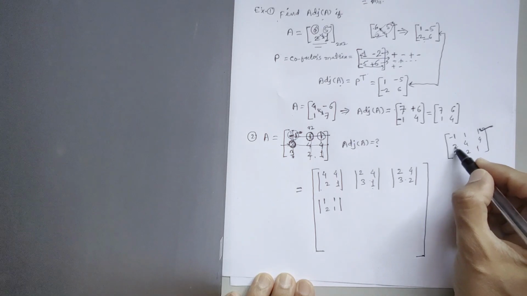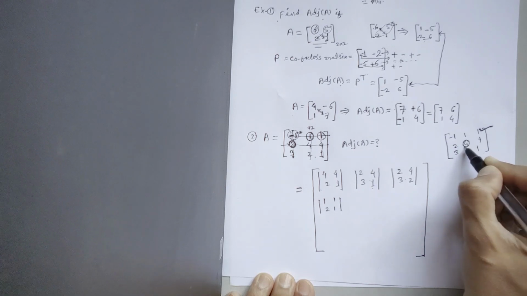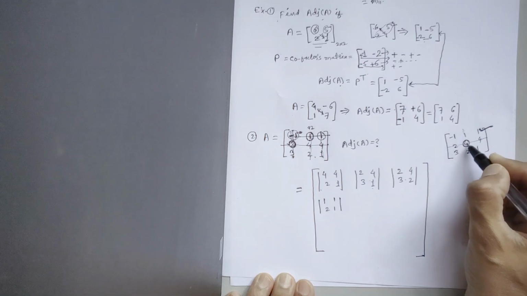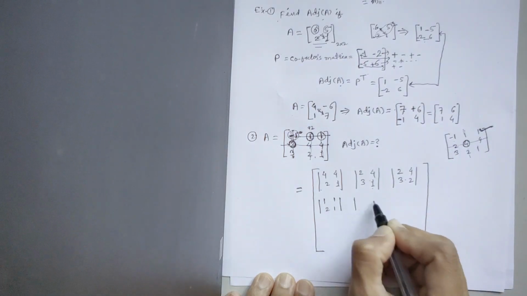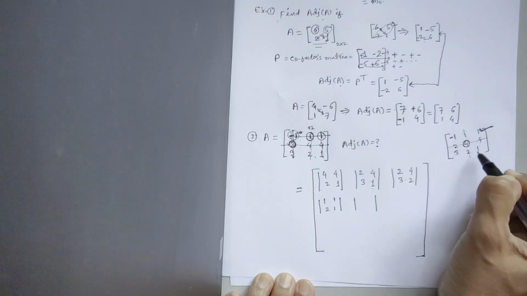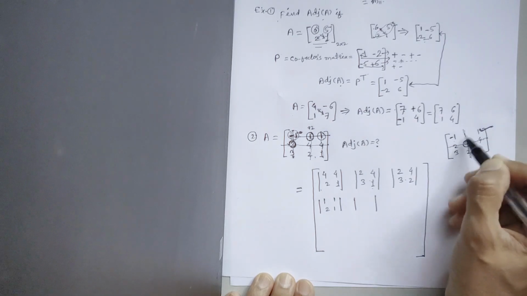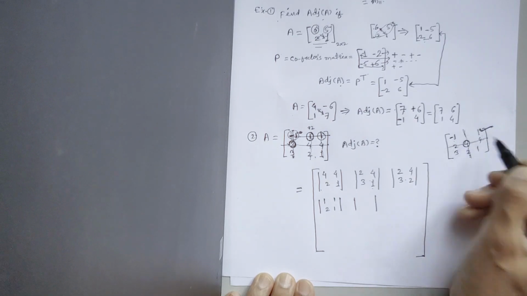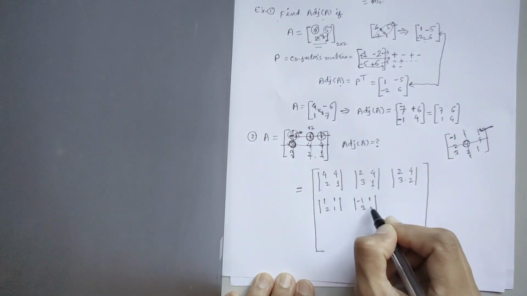Now I start with the second row. The first element is done. Now eliminate the row and column where this 4 is. It is in the second row, so delete the second row and second column and write down the remaining elements. The determinant of the remaining elements will be minus 1, 1, 3, 1.